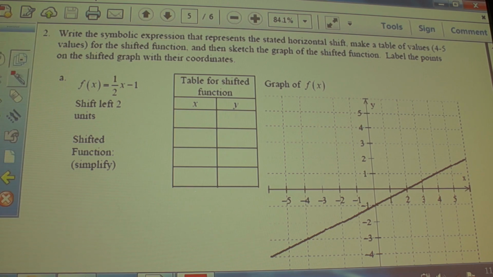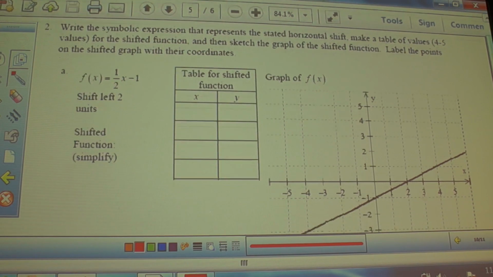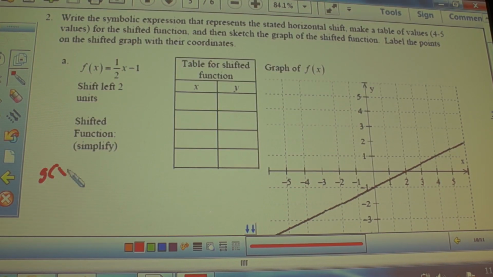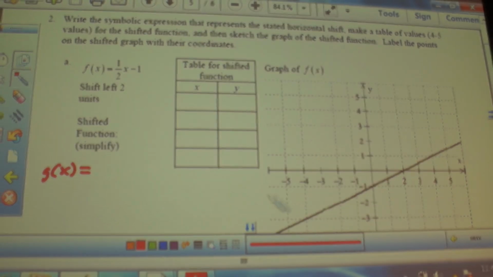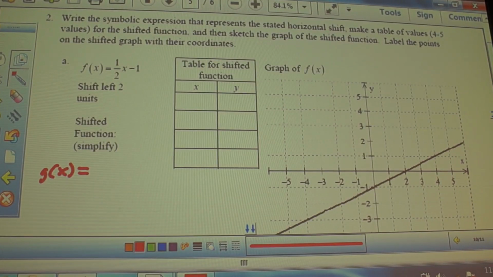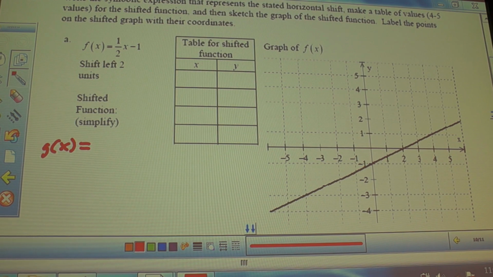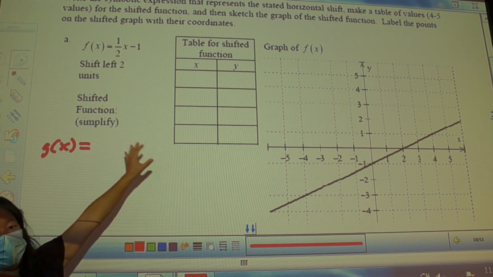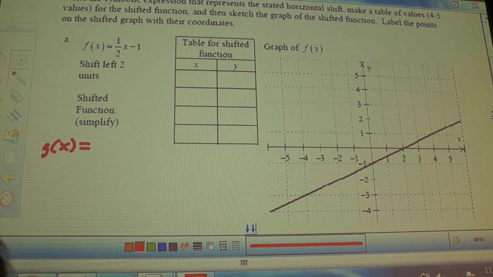So everyone do the first part. g of x equals what? Right here. And again, rewrite the whole function just like you would, only instead of x, put a giant parentheses and then replace it. x minus something or x plus something.